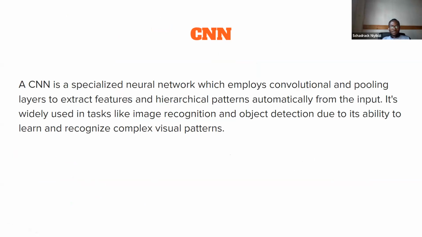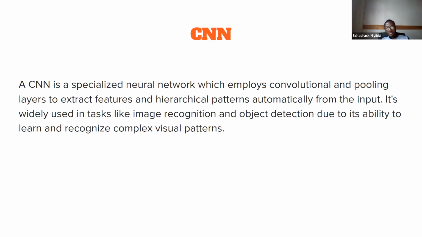Now, our focus is on the CNN. In the previous lectures, we've been using MLP, which we have seen is a neural network, but CNN is a specialized neural network which uses convolution and pooling layers to extract features and different patterns automatically from the input.